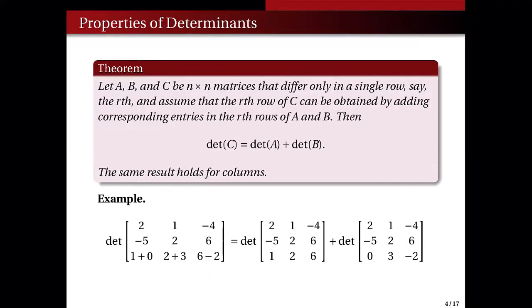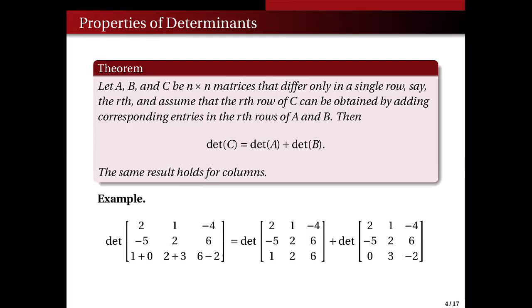So for the first one, we have 1, 2, 6. That's your 1 here, 2 here, and 6 in here. And then for the second matrix here, you have 0, 3, negative 2. Again, the first row and second row are all the same, but the third row is different.